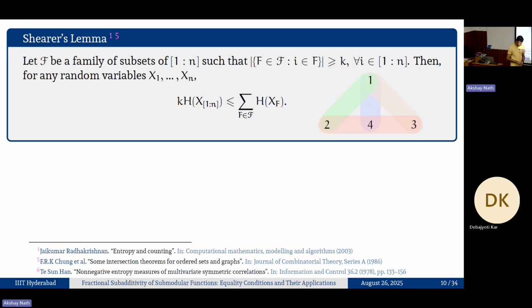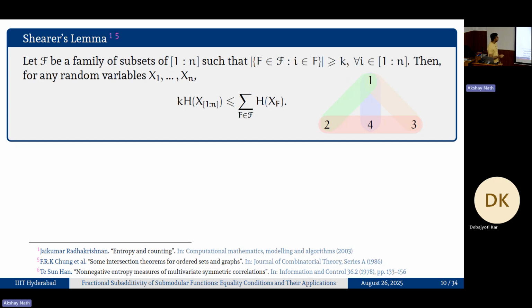The other way to think about this is that these subsets are vertices of your hypergraph. If this were equal to k, then I would be looking at a k-regular hypergraph. So I have some n elements, I'm looking at subsets of these n elements, and in a hypergraph, two vertices have an edge between them if there is an intersection.